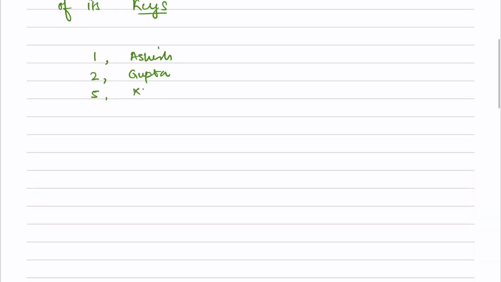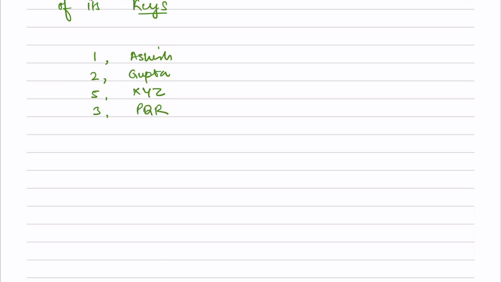Let's suppose you have entered key 1 and value Ashish, and key 2 value Gupta, and then you have written 5 and XYZ, and then 3 PQR.